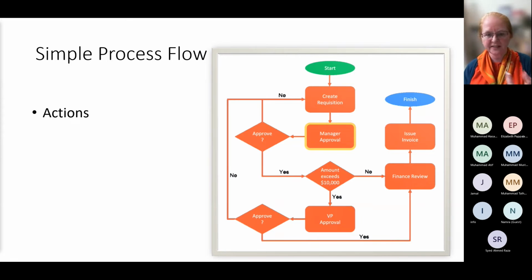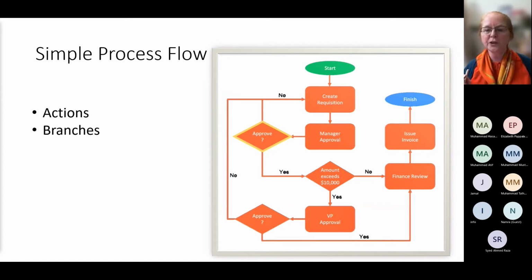That is something that in this process needs to happen. We also have branches, and there again, I'm highlighting a branch. And with a branch, you've got a situation where if the answer to the question, in this case, approve, is yes, we go one way. And if the answer is no, we go another way.